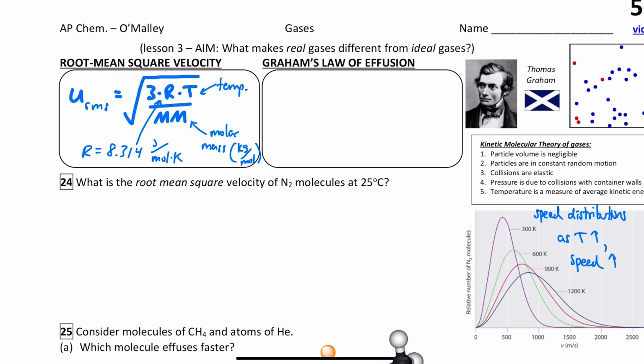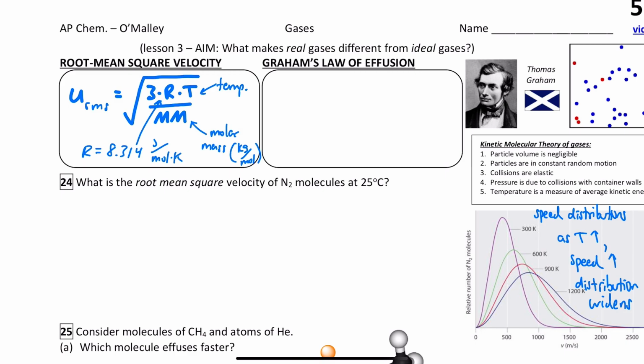I can see the x-axis increasing as I increase from 300 Kelvin to 600 Kelvin to 900 to 1200. There's more and more particles underneath the curve at a higher speed, and also the distribution widens. In other words, at higher temperatures, there's more variety of gas speeds in a given container.